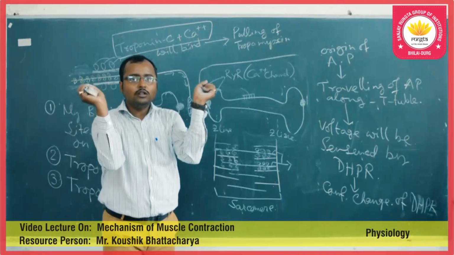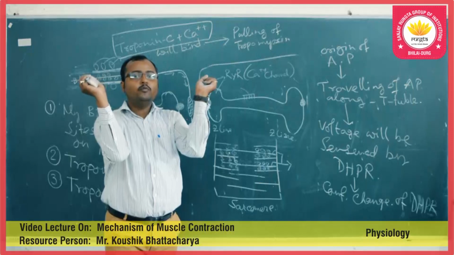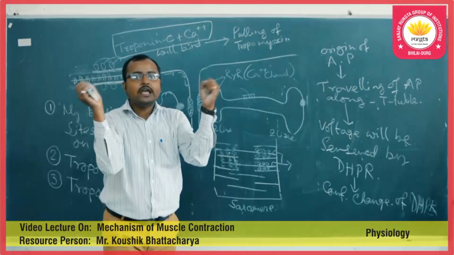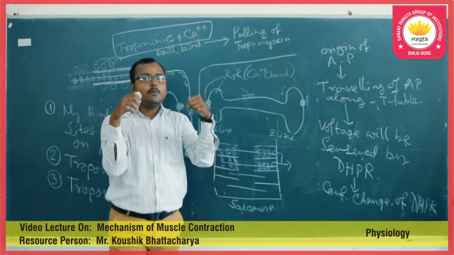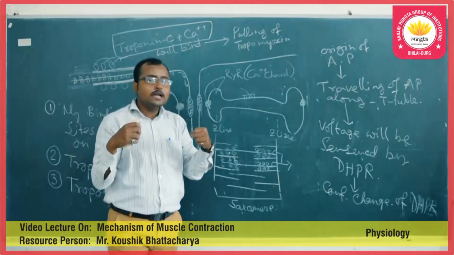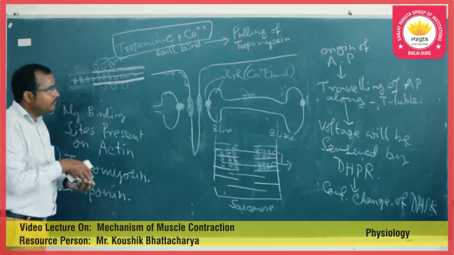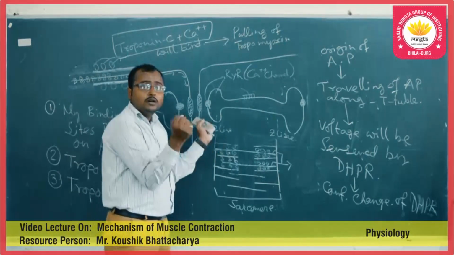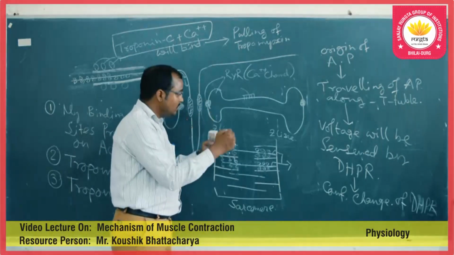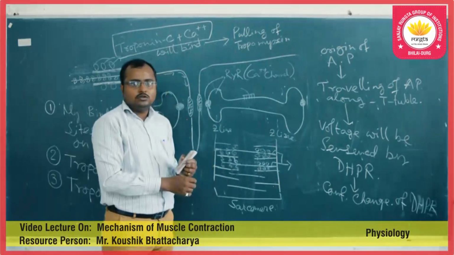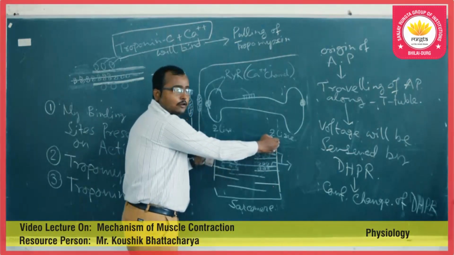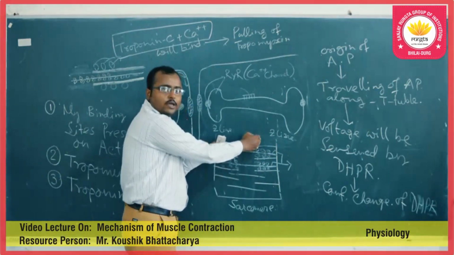And all the myosin heads pull the actin molecule towards the central area together, and that together action of the myosin heads is known as the power stroke, right? So with the pulling of the actin molecules towards the central region, automatically the distance from Z line to Z line will be shorter.